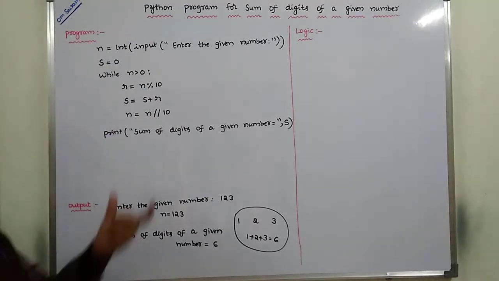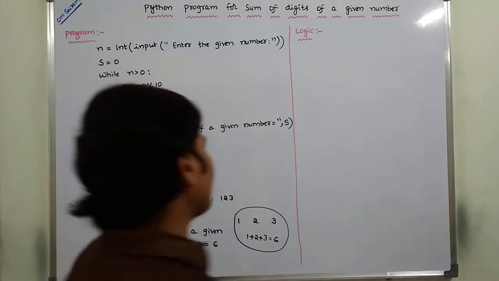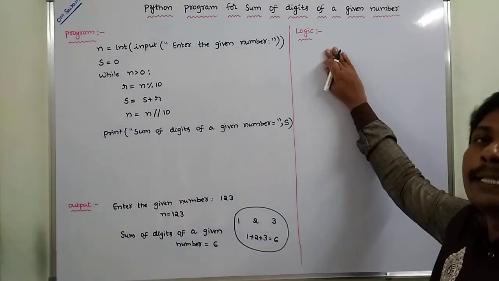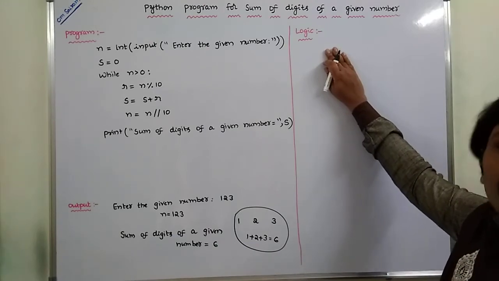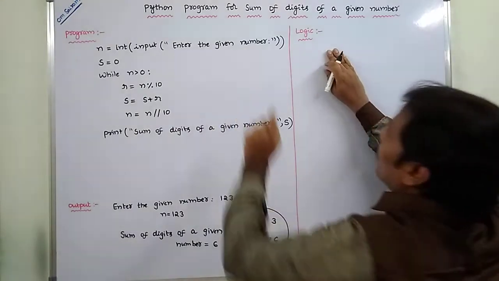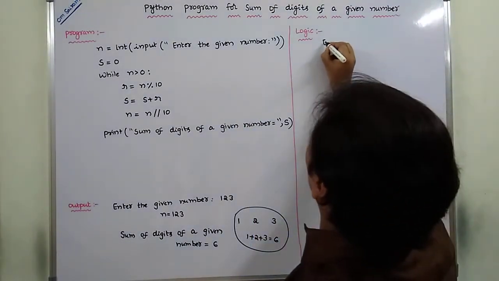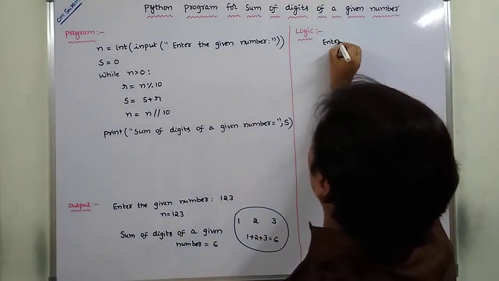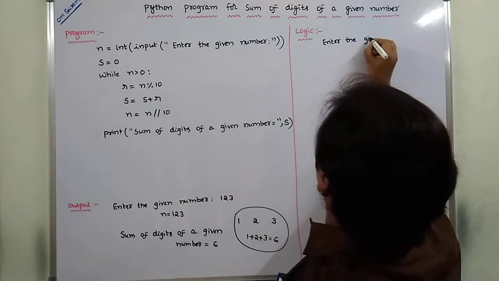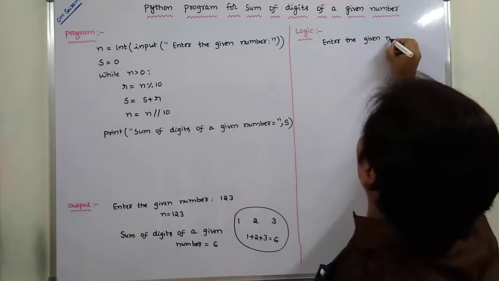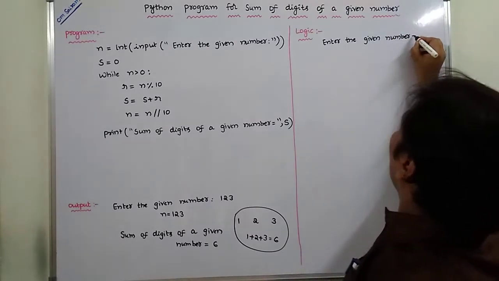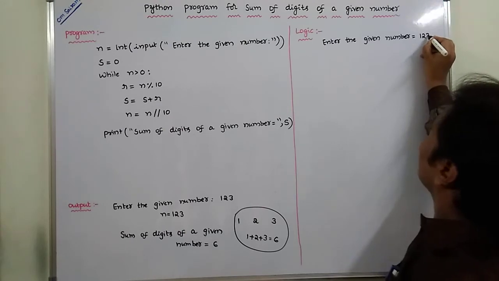How are we getting the result from that program? Now we go for tracing. Tracing is nothing but logic. First, enter the given number. What is the number we are given? That is 123.